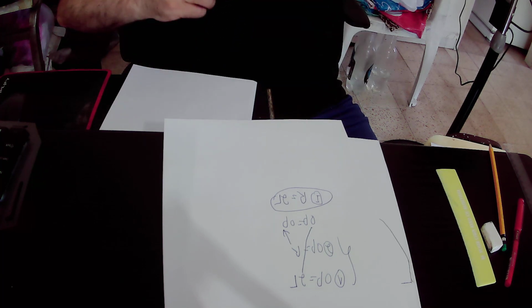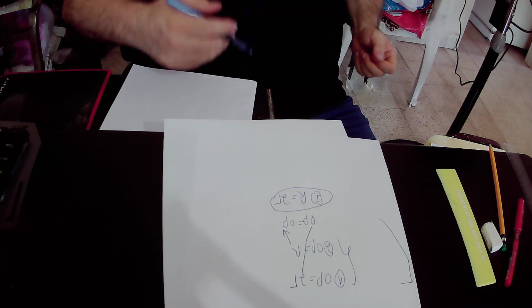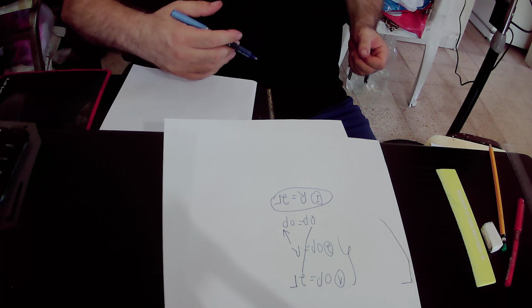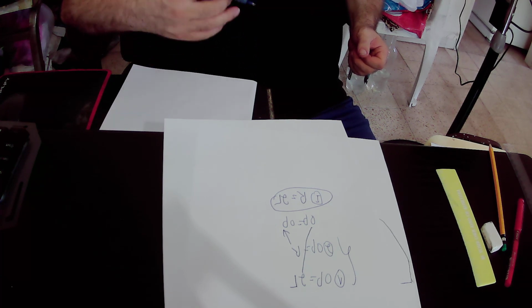So the radius of the semicircle is twice as large as the radius of the yellow circle.